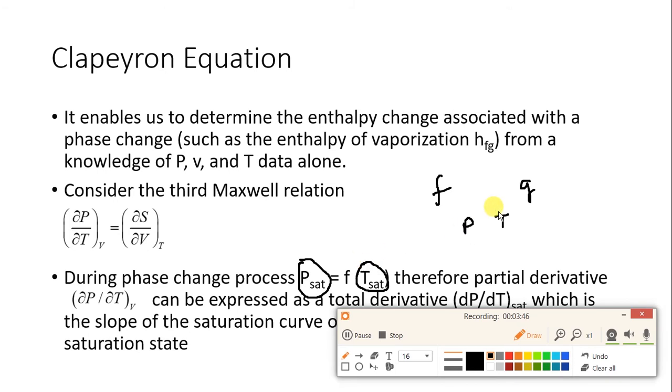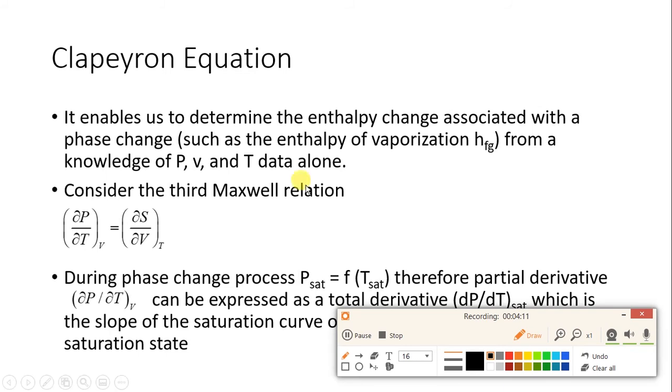So during phase change, pressure is constant, temperature is constant, and liquid f is converted into vapor by adding the enthalpy of vaporization, or latent heat of vaporization. Now in this case you can say that pressure is a function of Tsat, the temperature.